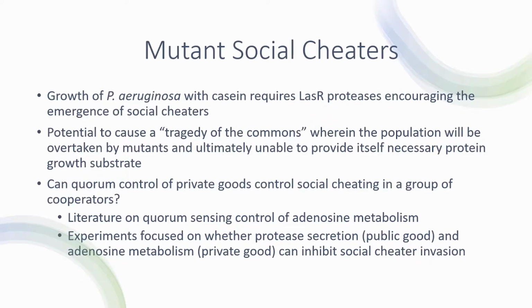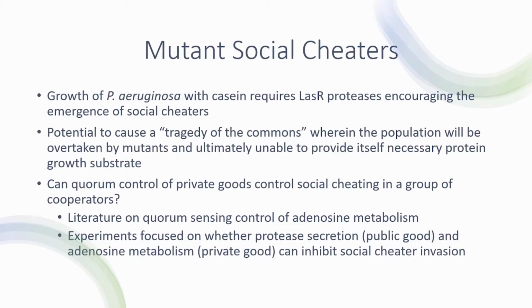And so once there are too many of these cheaters, there aren't enough bacteria to produce any of the enzymes and proteins needed to survive. And so ultimately, they are not self-sufficient, and the colony will eventually end up dying.